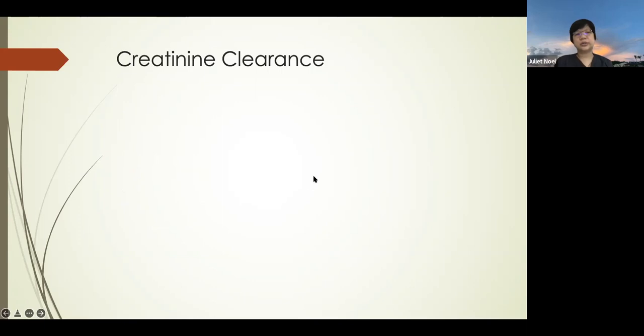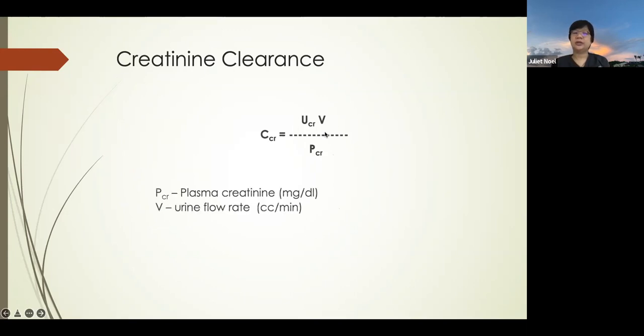So how about the creatinine clearance? Creatinine clearance is the measurement of the urine creatinine times the volume of the urine divided by the plasma creatinine. The V there is the urine flow rate, which is cc per minute. Urine creatinine is measured in milligrams per dL.